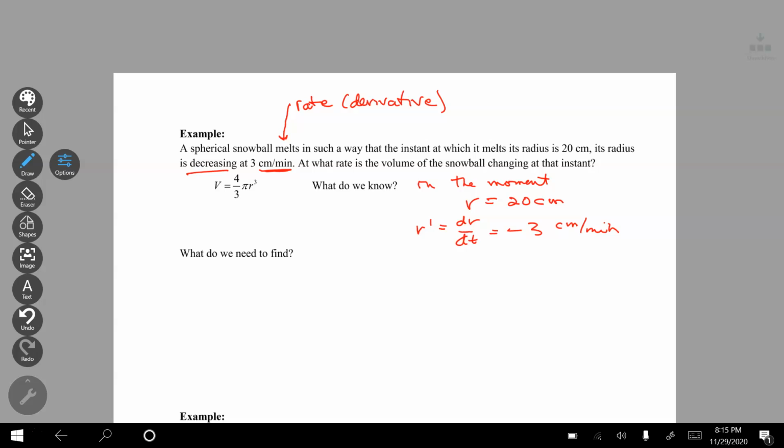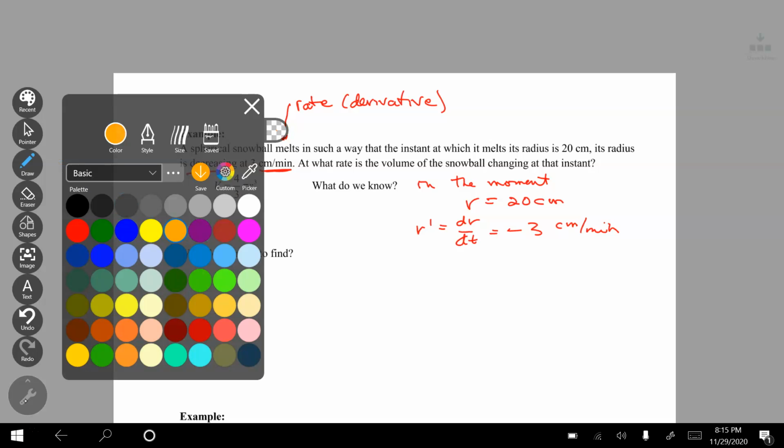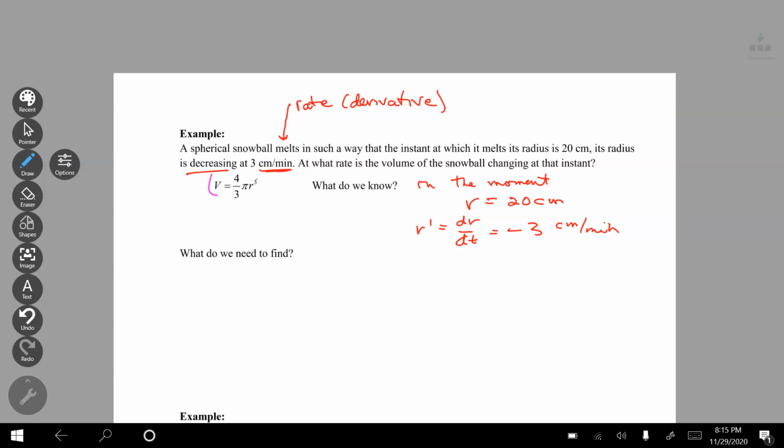That's what I need to pay attention to. So what do I want to do? I want to take the derivative, the d dt. Well, what are we trying to find? We're trying to find the dv dt, or the v prime. So I want to take its derivative.